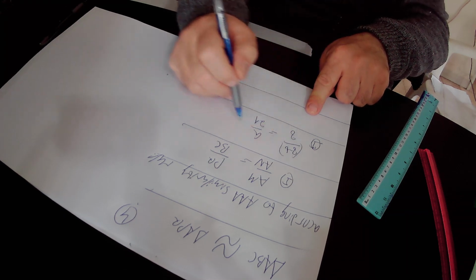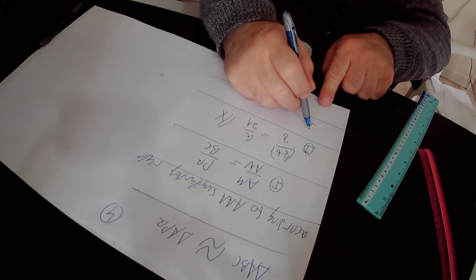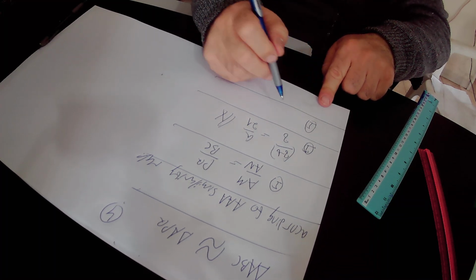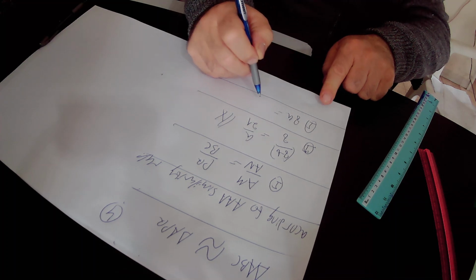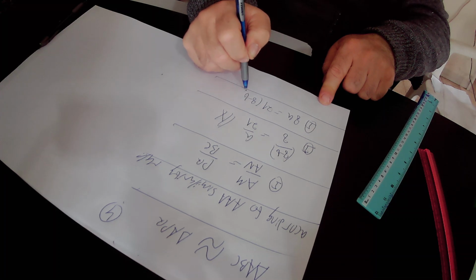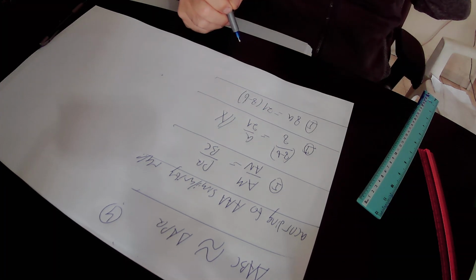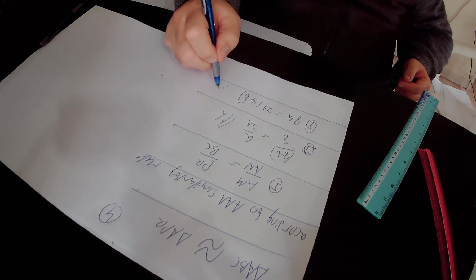Here we first multiply this equation 1, and we get that according to this equation 1, 8 times A equals 21 times 8 minus B. So here we divide this equation 1 by 8.